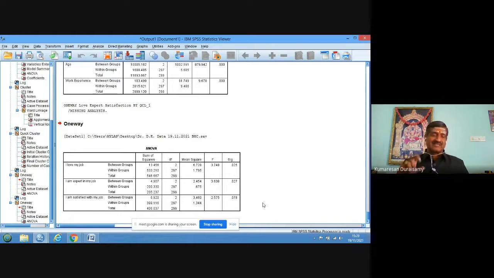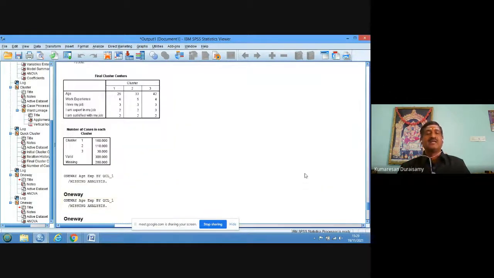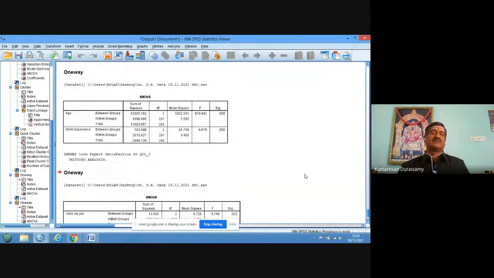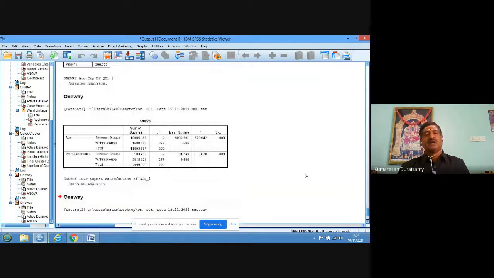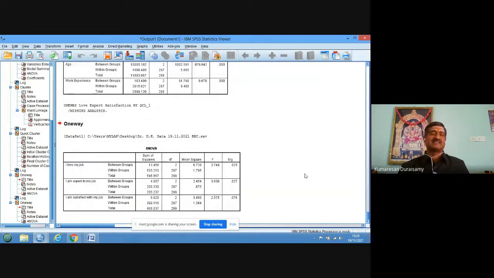The number of clusters is decided from the results of the hierarchical cluster. From that we go for the k-means cluster, and the number of clusters is already obtained. Based on that, the clusters are formed, and we have checked the relationship among the sample respondents. Right? This is hierarchical cluster analysis and k-means cluster analysis.